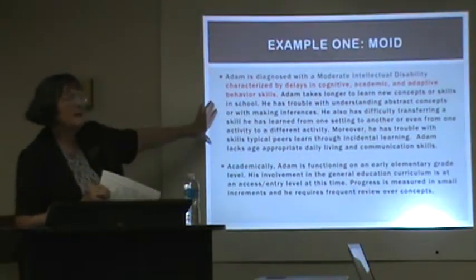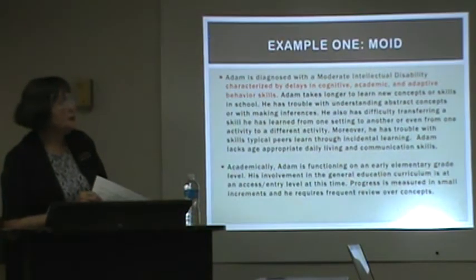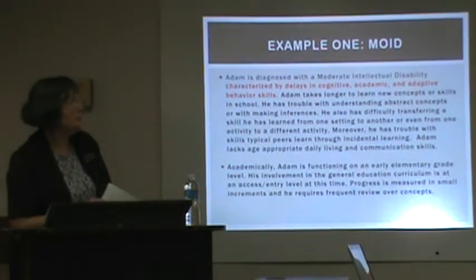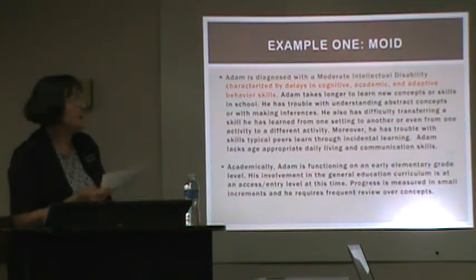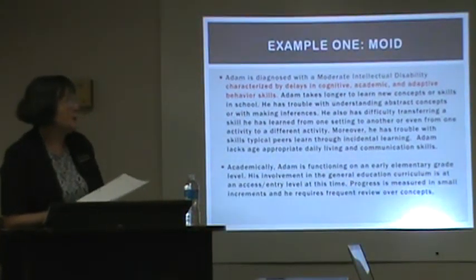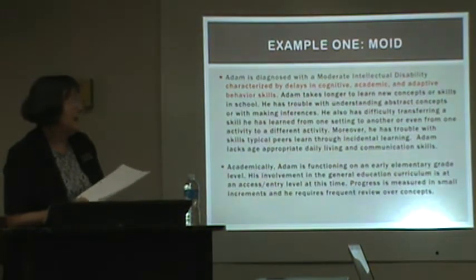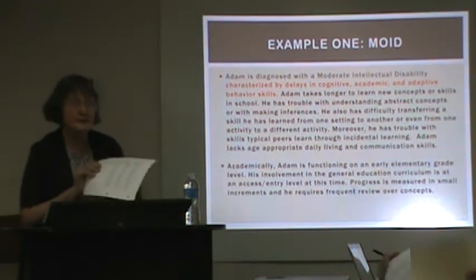And then, in Adam's case, I said he takes longer to learn new concepts or skills in school. He has trouble with understanding abstract concepts or making inferences. He also has difficulty transferring a skill he has learned from one setting to another, or even from one activity to a different activity. Moreover, he has trouble with skills typical peers learn through incidental learning. Adam lacks age-appropriate daily living and communication skills.